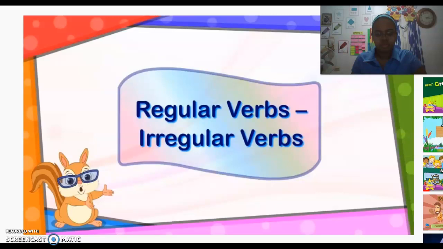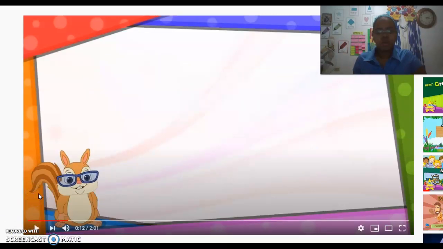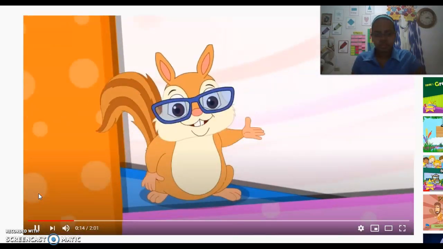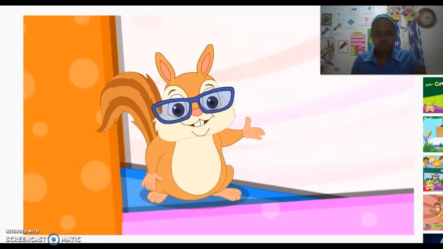Regular verbs, irregular verbs. So we know about verbs, but verbs are divided into two parts, regular verbs and irregular verbs. Ricky believes that all the verbs in simple past tense end in ed.